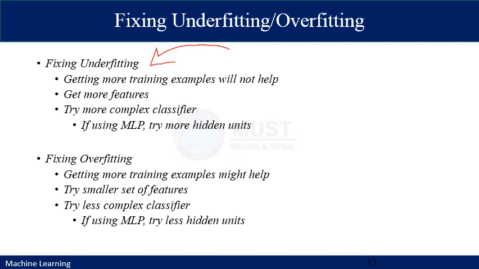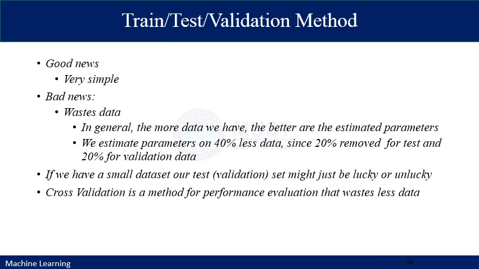For example, again, if you're using a multi-layer perceptron, you can try to reduce the hidden units. Remember again, you have to do it on the validation set before trying the model on the generalization set or the test set.